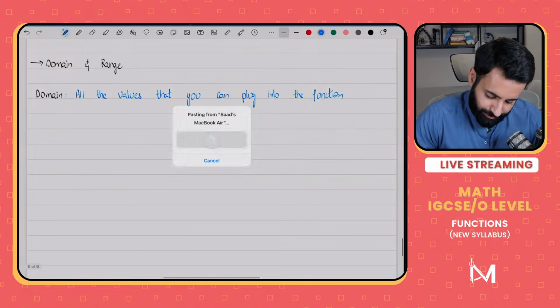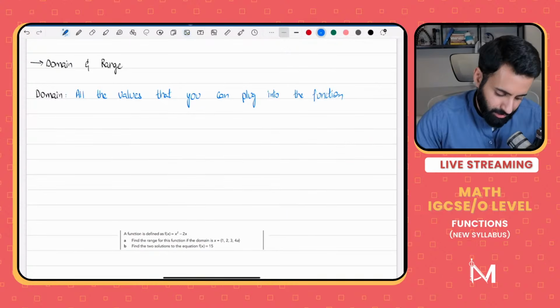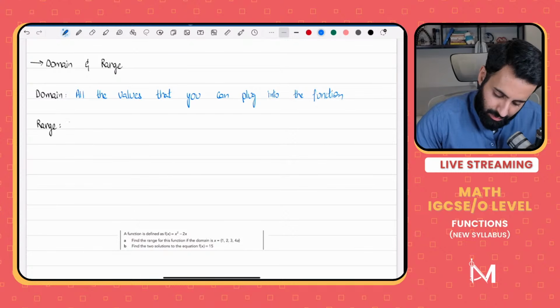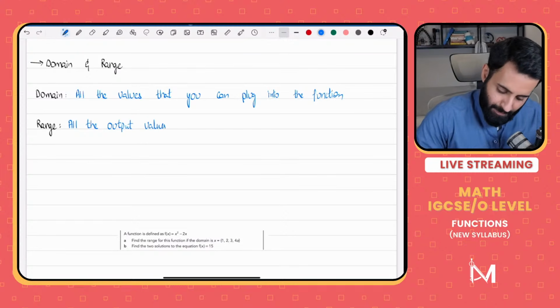So for example, here's a question. Okay, don't solve this yet, first let me write about range, then we'll solve. What's range? Range is basically all the output values. Okay, so all the output values are the range.